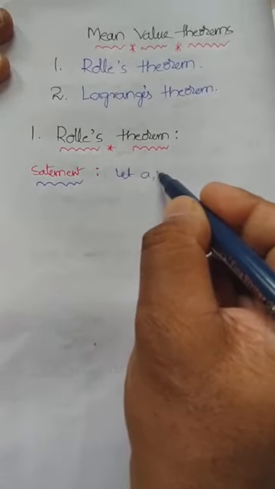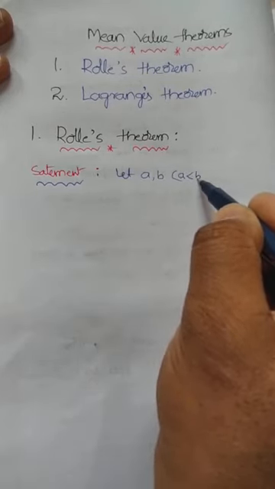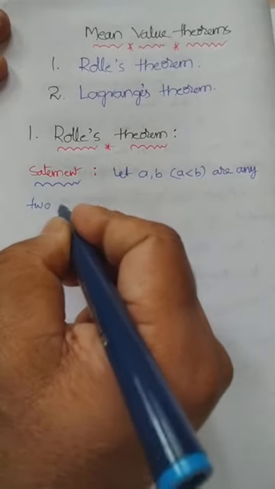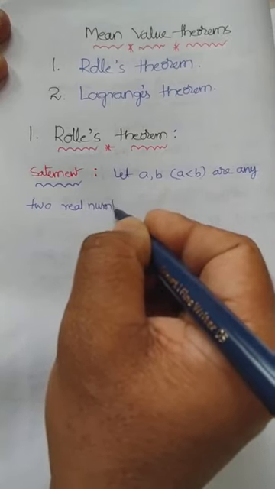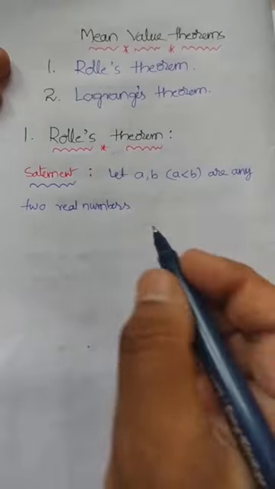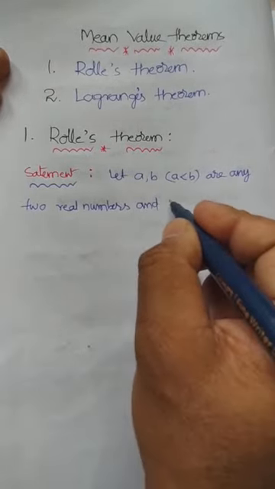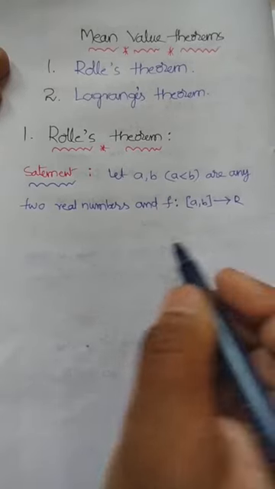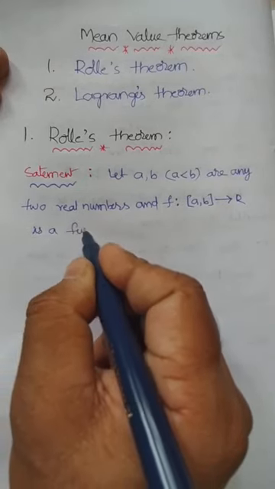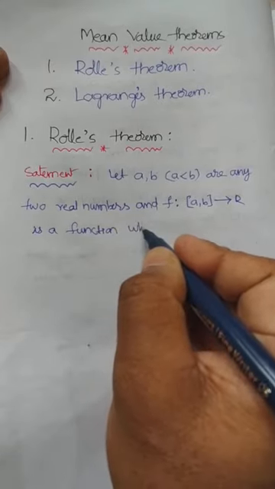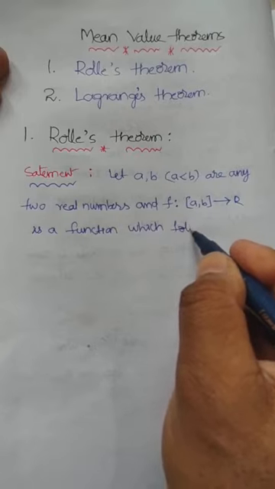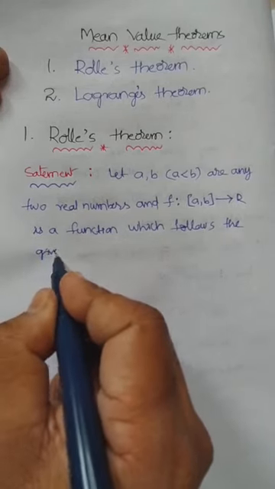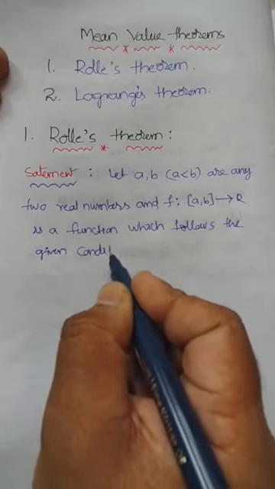Let a, b, where a is less than b, be any two real numbers, and f maps the closed interval [a, b] to R, is a function which follows the given conditions.